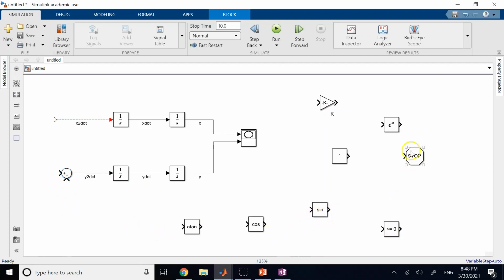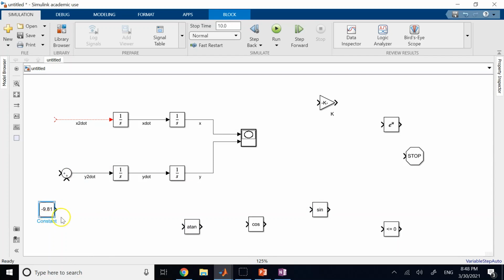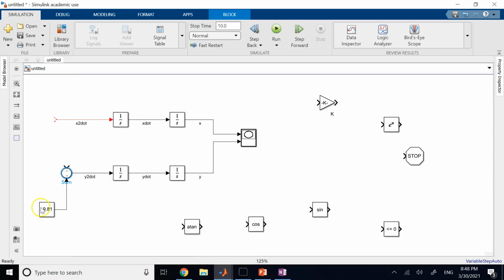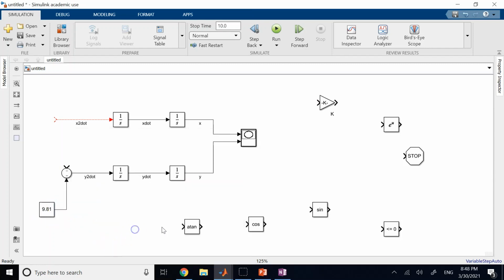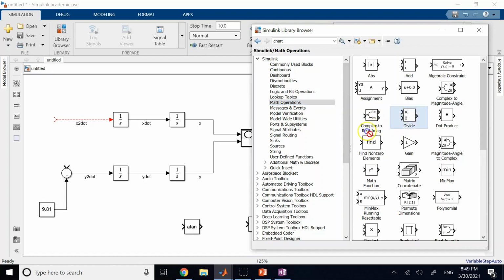One of them is constant. That constant is negative g. And the other one is negative drag force divided by m times sine theta. Or you can make both of them negative and keep this one as positive. And I need to divide y dot by x dot to get arctangent. So first I need to divide two signals, and to divide two signals I need to go to math operation and bring the divide.